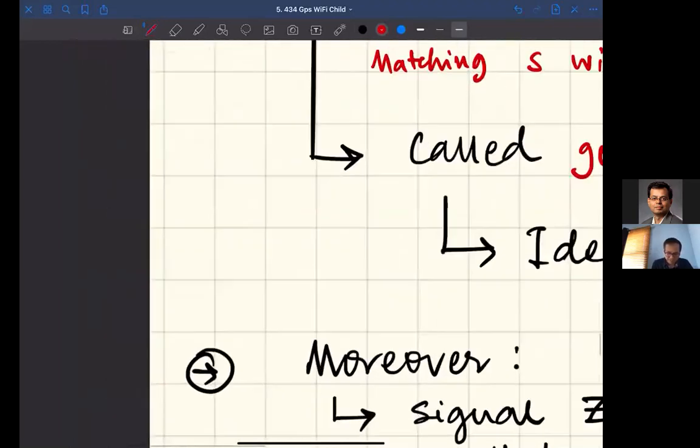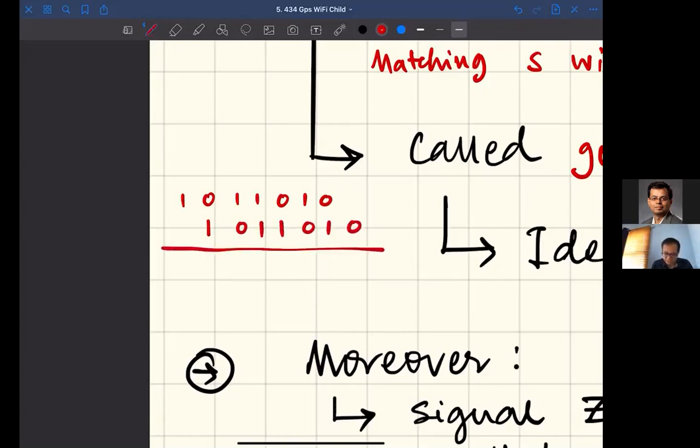So quickly, maybe here is an example. 10111010. This, if you multiply it with a shifted version, if you multiply this, let's actually bring this 0 back here.